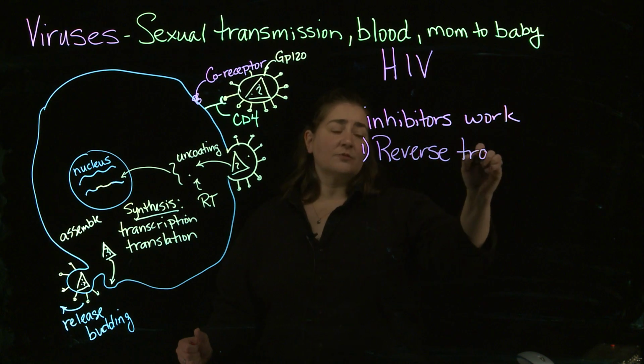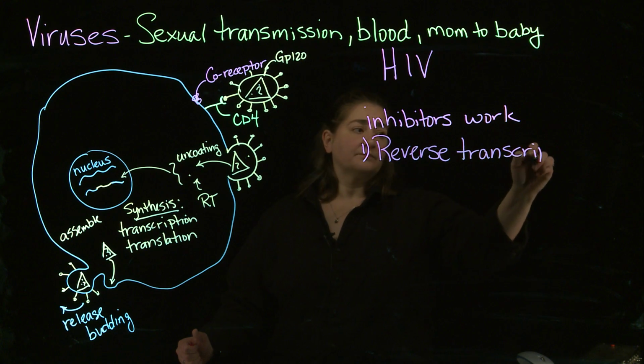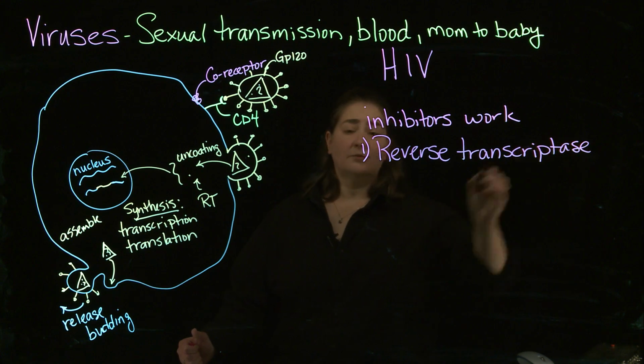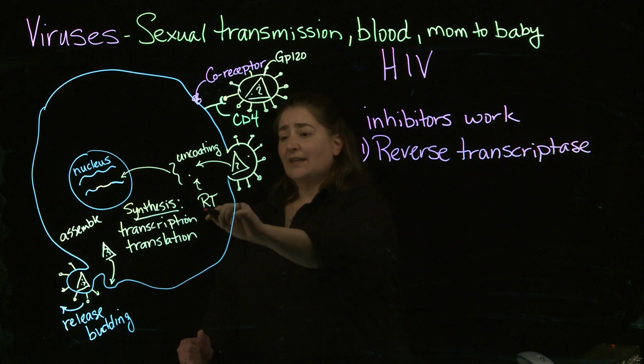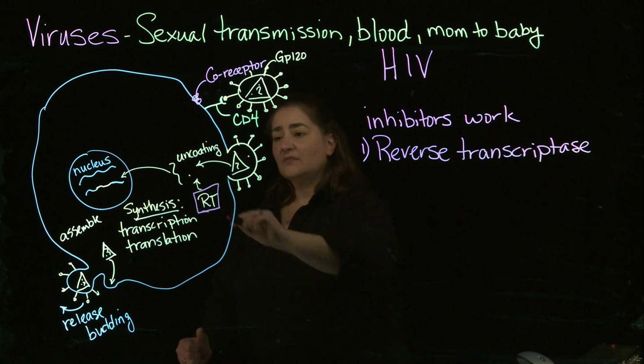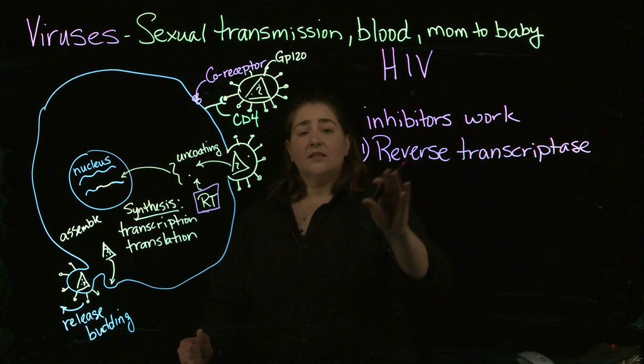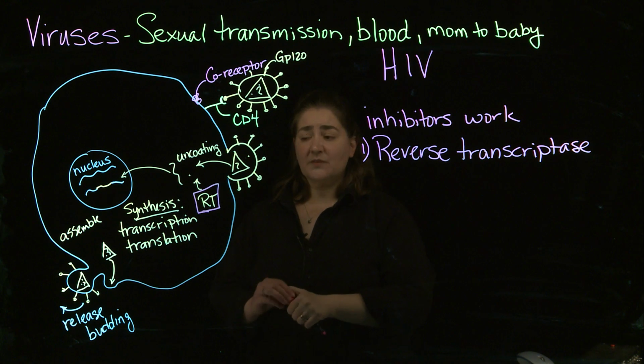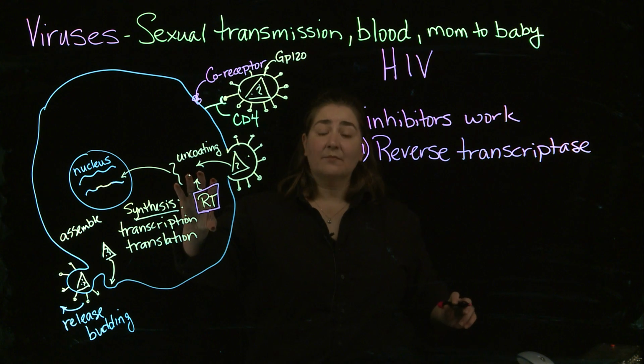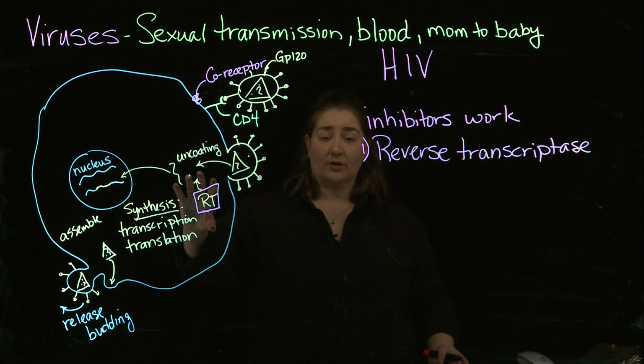a reverse transcriptase inhibitor. So that enzyme right here that comes in, the inhibitor of a reverse transcriptase is going to make it so that that particular enzyme won't work.